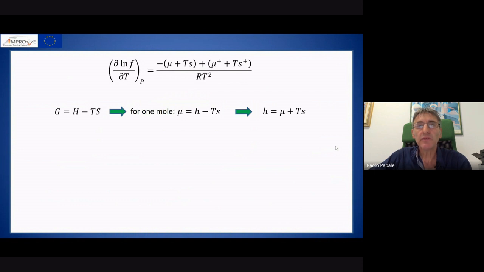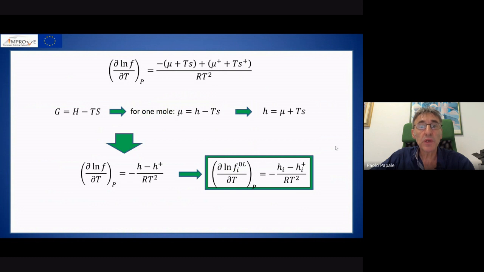If we write it for a mole of substance and remind ourselves that the chemical potential is the molar Gibbs energy, we see that the quantity which appears within the brackets in our expression is exactly molar enthalpy. Thus, we can substitute and obtain a compact expression for the temperature partial differential of the logarithm of fugacity. This is the expression that we were looking for.